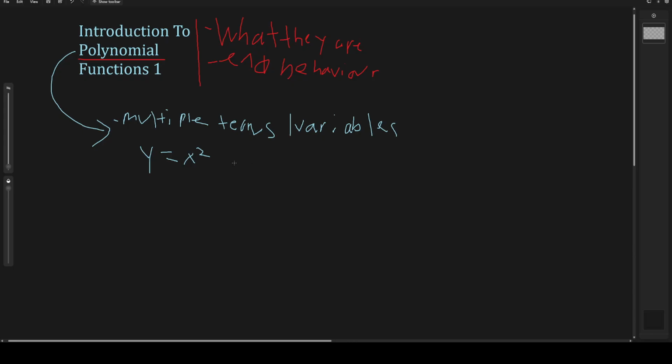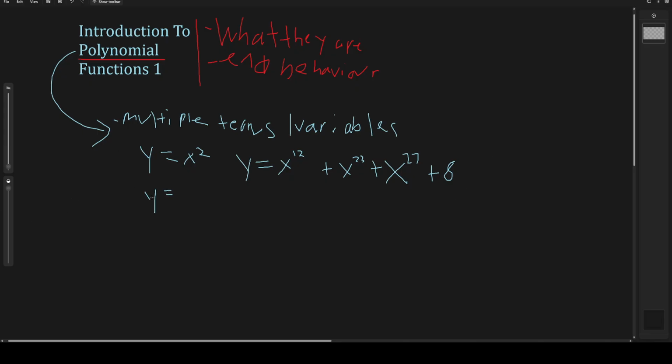If we have y equals x to the power of 12 plus x to the power of 23 plus x to the power of 27 plus 8, that's a polynomial.